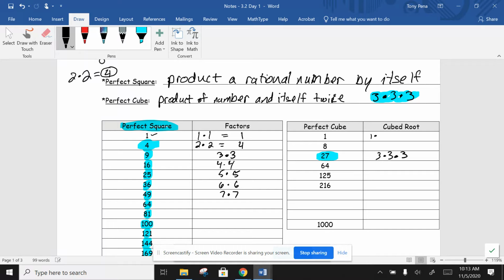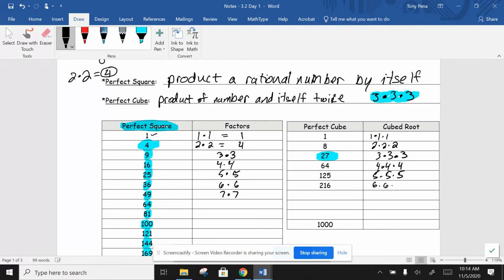The reason 1 is a perfect cube is because I can do 1 times 1 times 1 and still get a 1. The reason 8 is a perfect cube is 2 times 2 times 2. Those would be the 3 most common, the 3 most obvious. You can see we can't go too big because these get really big really quickly. But if I did 4, 4, 4, that's a 64. If I do a 5 times a 5 times a 5, that's our 125.